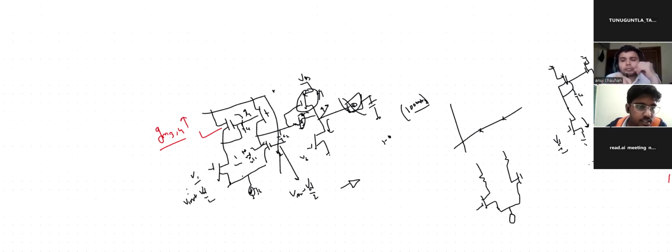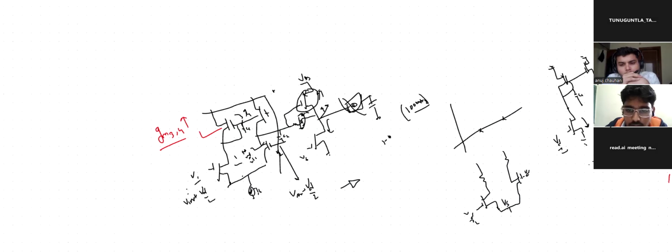Since we are doing an AC analysis, this is just biasing only, sir, so we can assume it as an open circuit. Let this voltage be some Vs. This is VD by 2, and this is minus VD by 2, as mentioned before.